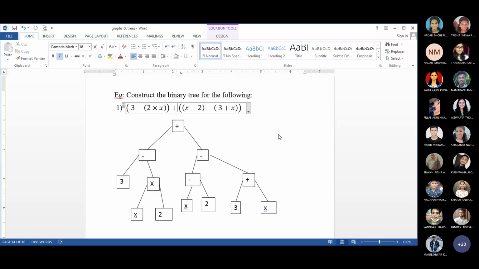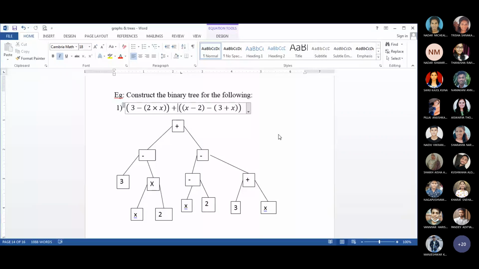Again I repeat, we have an expression where that plus becomes the central operator, because on its left I have an expression and on its right I have an expression. This central operator will act as the root.